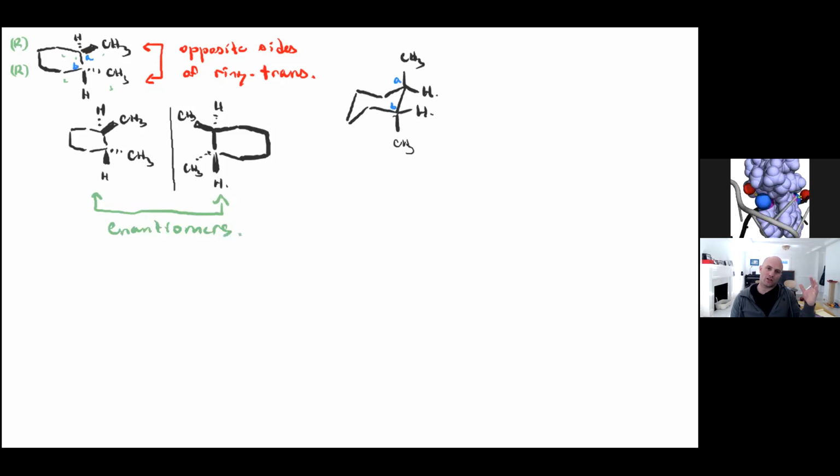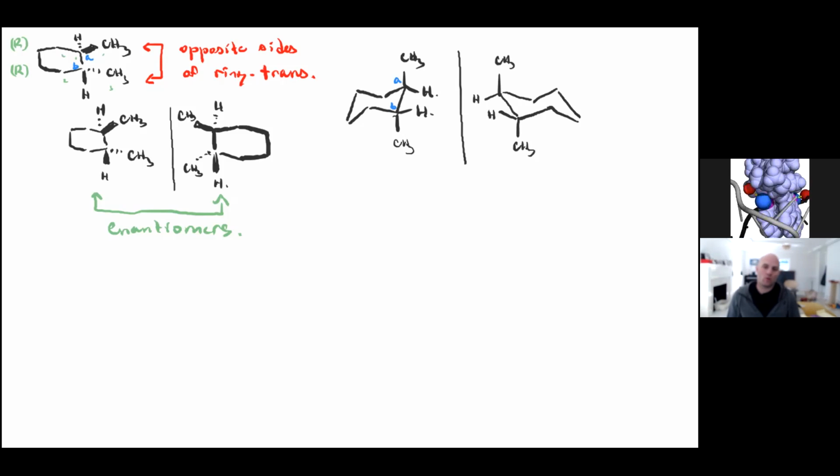And it's going to be the same process to try and figure out if this is chiral or not. We'll draw a mirror plane, and we will reflect the molecule. Okay, and then we can try and see if we can overlay this chair conformer onto the original one.